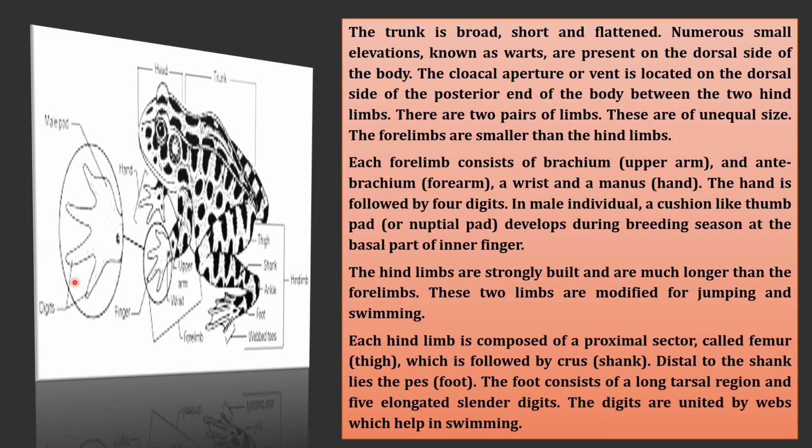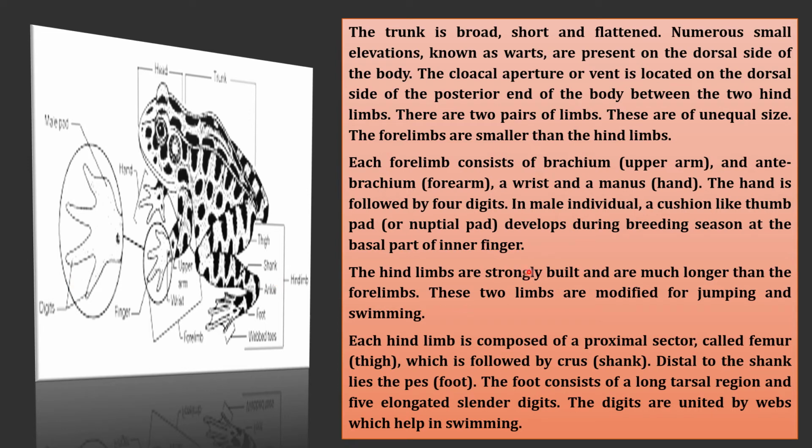Another characteristic, as I told you in the previous slide, is voice, because male toad voice is thicker than female toad. So these are the two important characteristics by which you can differentiate between a male toad and a female toad.